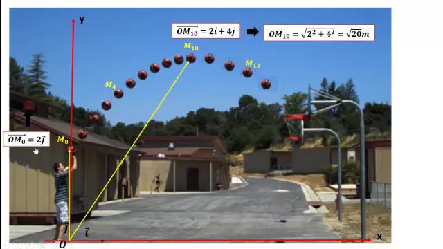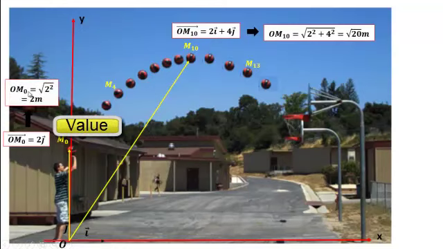Same thing for OM0. In order to find the value, OM0 equals radical y square, since x equals 0, then it will be equal to 2 meter. And so we have expressed the position vector at the point M0 of the ball and the position vector at the point M10. We can also find the different position vectors of the ball at different instants.